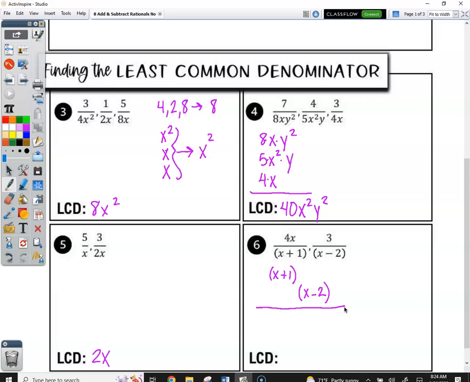I say last name to try to help you understand it easier. Now let me use the math word. The denominator that you need is going to be the one that encompasses the denominator of each fraction. So it's like trying to include everybody with a hyphenated last name. Okay? So the LCD here would be x plus 1, x minus 2.